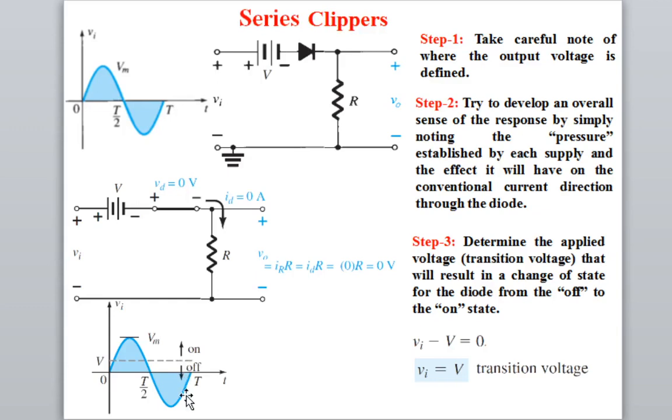So this is basically the transition voltage on the input signal. For the given input signal, if the input signal is above this, the diode will be in forward bias, in the on state, and below this the diode will be in reverse bias.